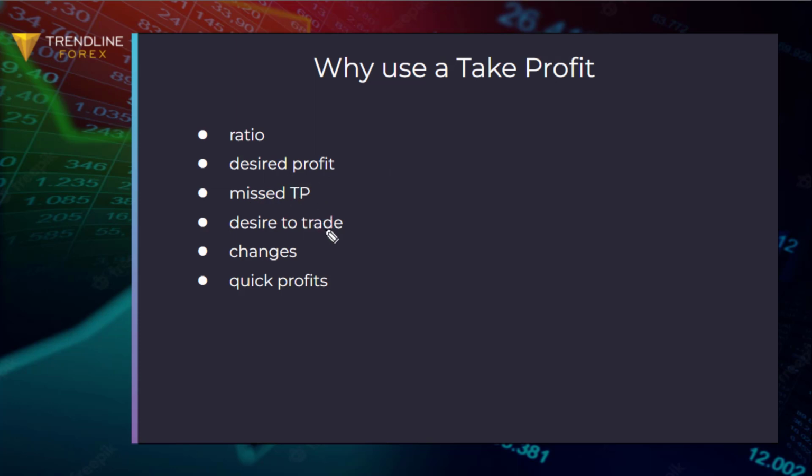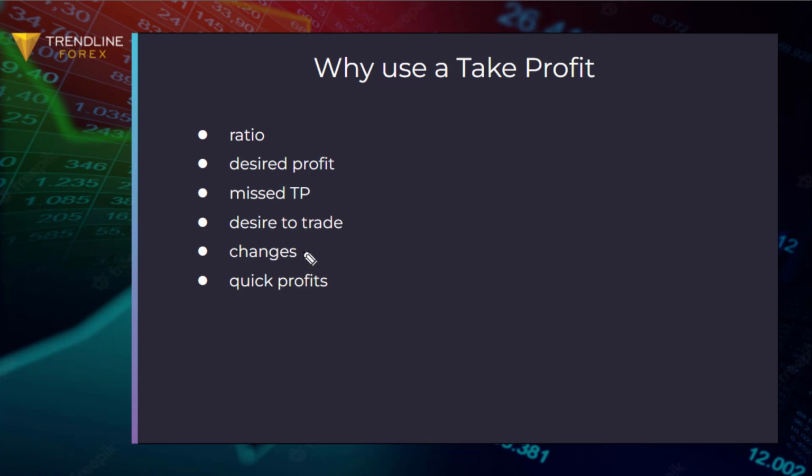Also, the desire to trade, that's when you take impulsive decisions because you're expecting a certain thing from the market, and you don't wait for the right setup and entry moment, but you rush to go into a trade because there's fear of missing out, or you just want to be actively trading all the time.